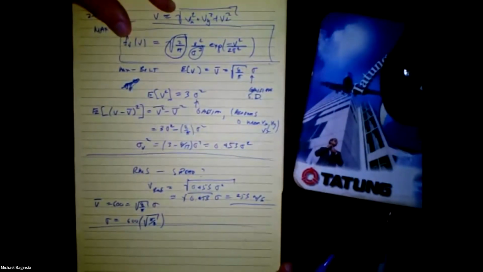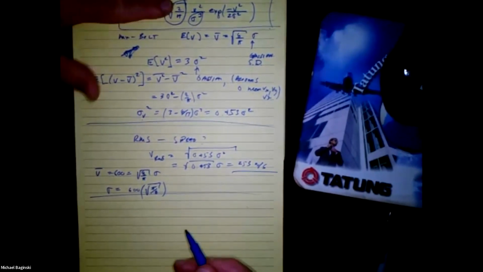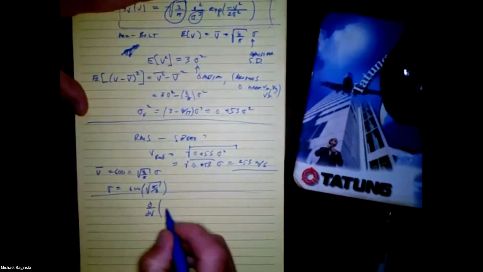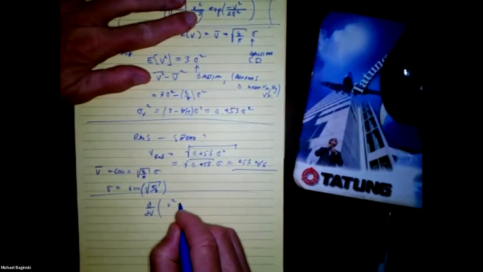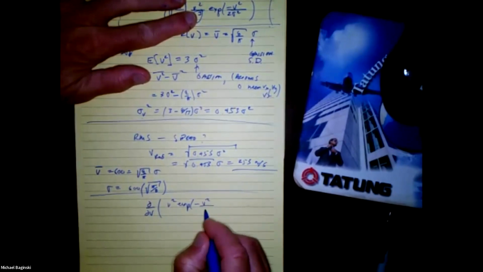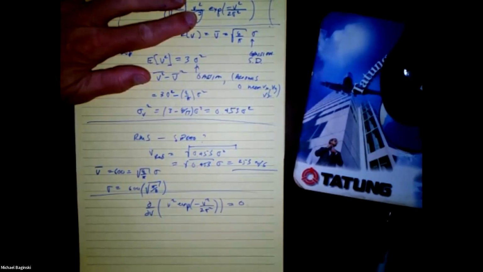Y'all with me? All right. So what I'm really going to do is take a derivative with respect to v of v squared times exp to the minus v squared over 2 sigma squared, and set it equal to 0.